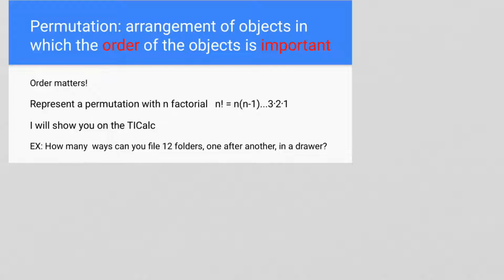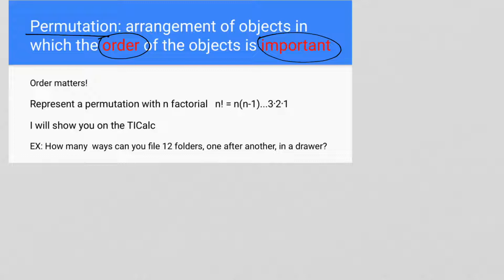All right, now what's going to happen is we need to figure out the arrangement of the objects. So a permutation, which is another definition you should have in your notes, is the arrangement of objects in which the order of the objects is important. So that's why I have it in red. Order is important. We represent a permutation in two different ways.